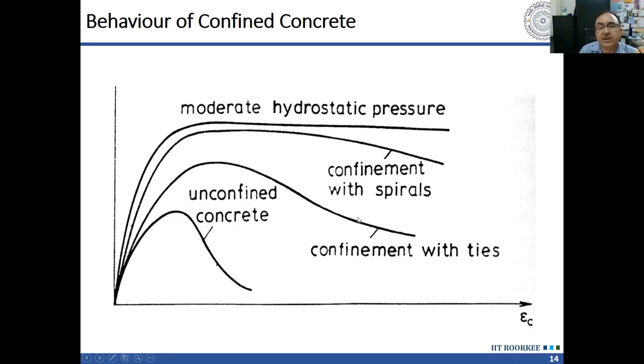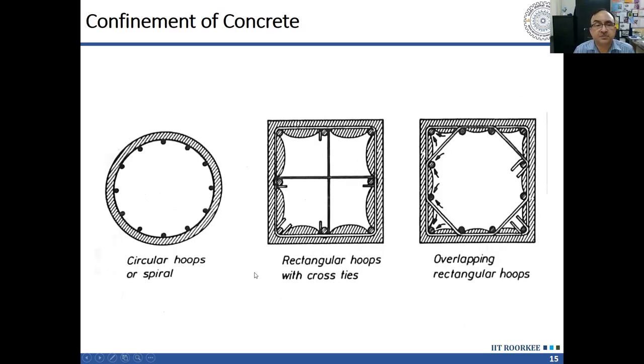So here the confinement is not as good as in the case of spirals or hydrostatic pressure. But still, the strength and ductility increase significantly as compared to unconfined concrete. So the ties, the transverse reinforcement, are very important for achieving ductility in my structure.